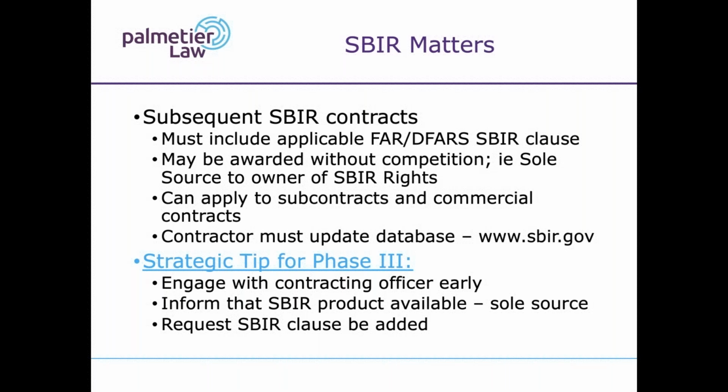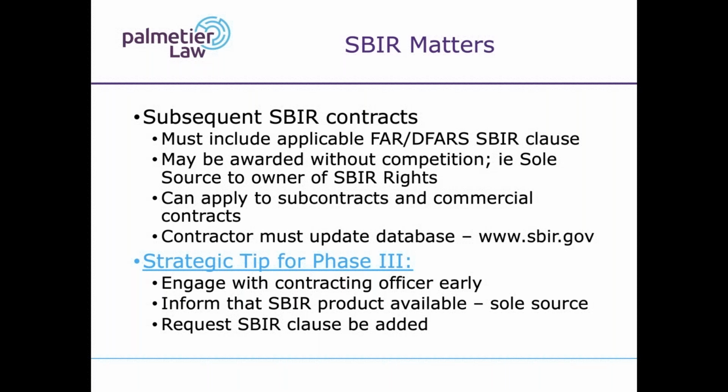And there is a statutory exemption in that: as long as they are buying the SBIR technology, they can't go buy something else from you. They have to buy the SBIR technology from you, and they can do so without competition. It also applies if what you end up developing becomes a component on a larger program and you're selling through another prime contractor.